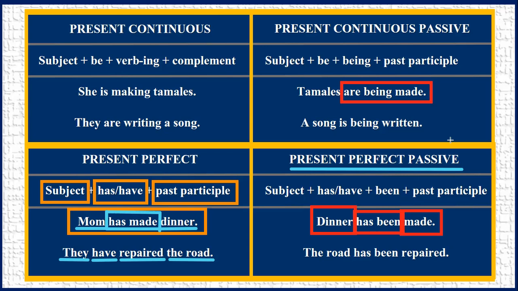Wait. For the present perfect continuous, verb be, yes, the main verb with ing, and we have participle. Yes, now present perfect passive. We have the auxiliary verb, have or has. We have verb be, and we have verb in participle. Okay, everybody?